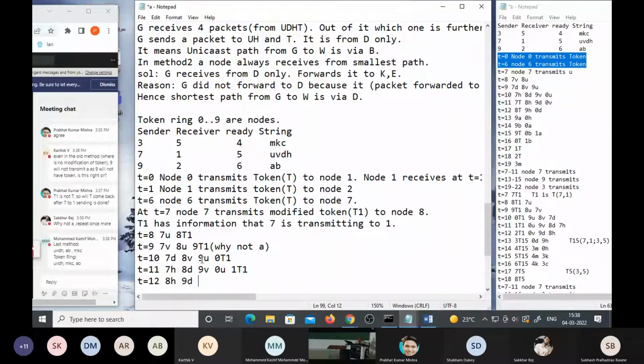Sekhar, do you understand? Why will 9 not transmit A?